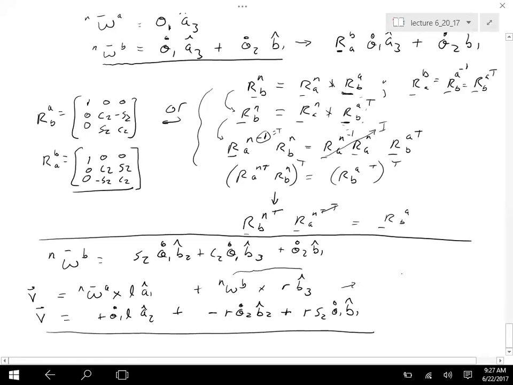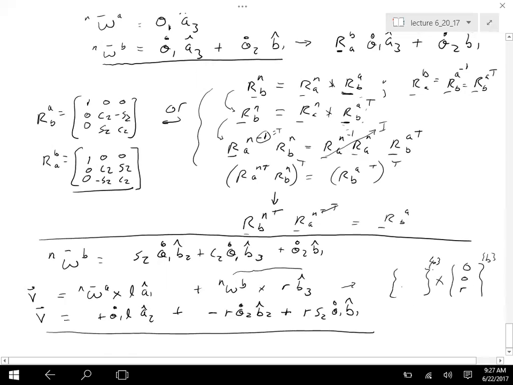So I got two vectors crossed with each other. The R vector was 0, 0, R, and that was in the B frame.